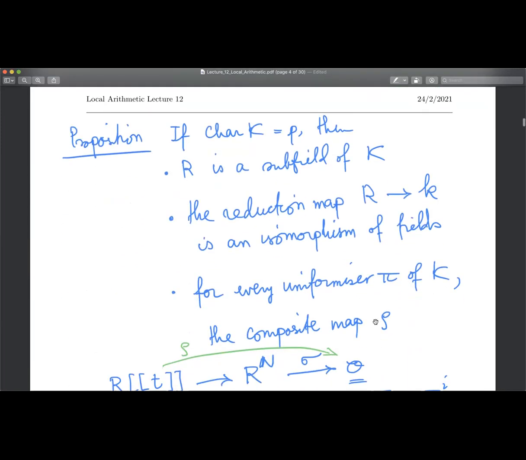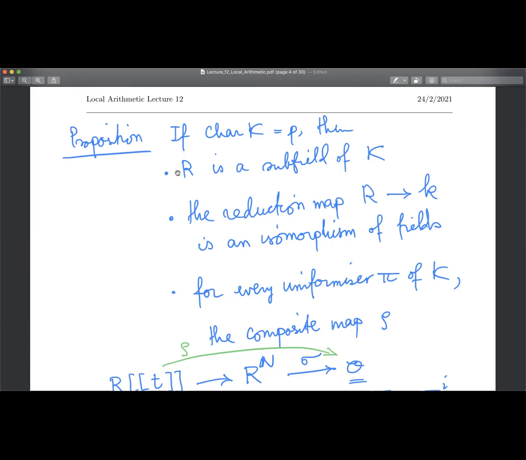Okay. So let's start today's lecture. The first thing I want to prove today is that if my field K happens to have characteristic p, you know, this p is the characteristic of the residue field little k. But if the field K itself happens to have characteristic p, then there are these things which follow.